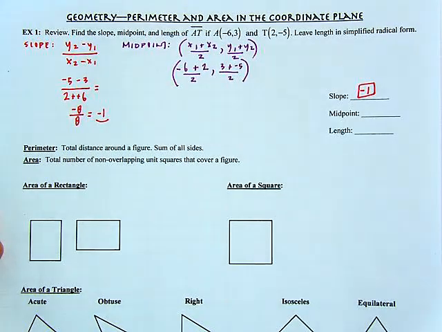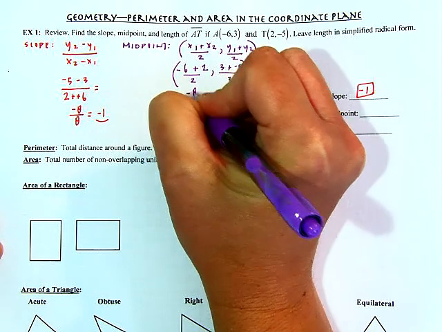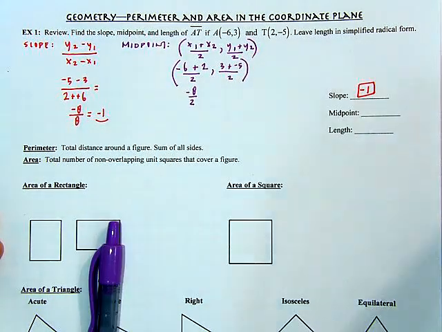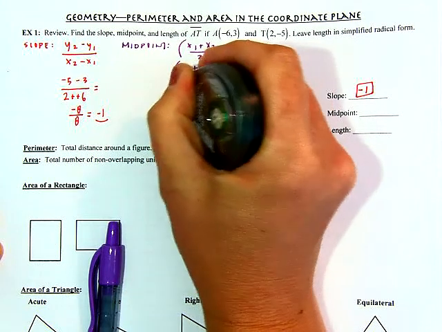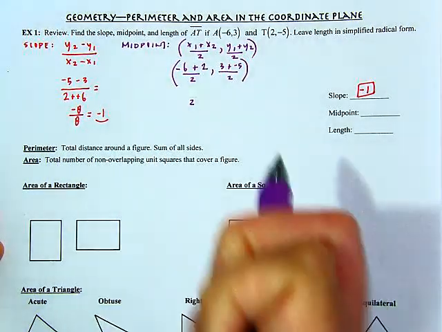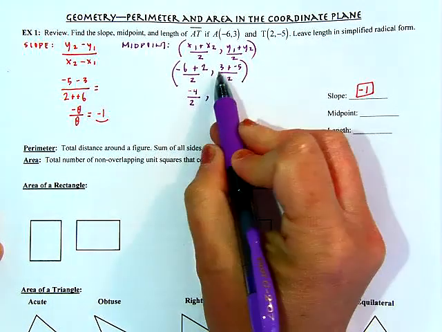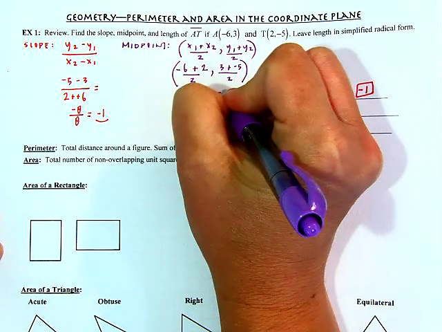Okay, so now I have negative 8 divided by 2. I'm sorry, did that wrong. Negative 4. Let me crunch that correctly. I have negative 4 over 2. And then over here I have 3 plus negative 5, so I have negative 2 over 2.